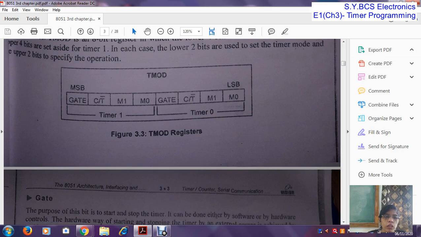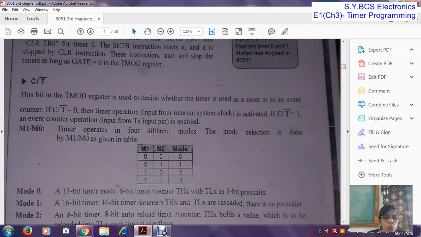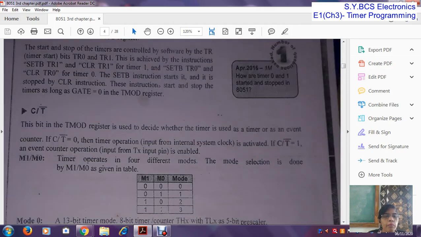Okay, now the counter/timer bit. When this bit is equal to 0, the timer is used for time delay generation, and when this bit is equal to 1, the timer is used as an event counter. This bit in the TMOD register decides whether the timer is used as a timer or as an event counter.